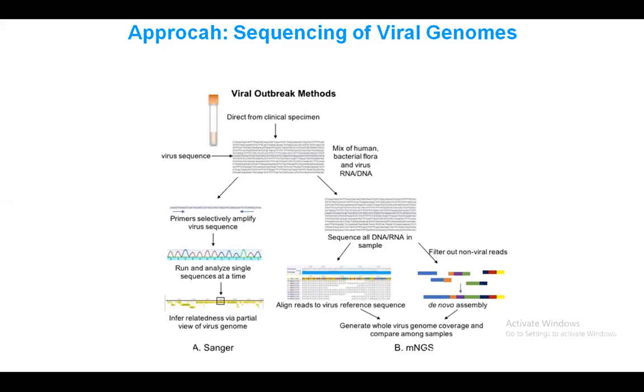Now, it's important to understand that this is in the context of viral genomes. If you take a sample, let's say a patient's blood, and you want to understand if there are specific viruses, you're not going to be looking for the host RNA, bacterial RNA, or any other genomic material. You want to specifically amplify viral sequences. That's why you see here a mix of human, bacterial flora, and virus RNA or DNA.